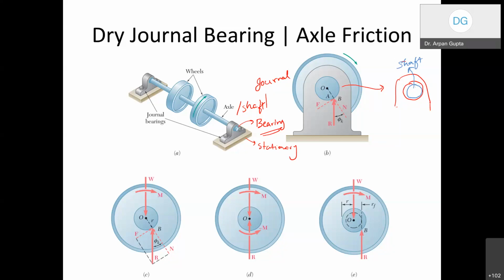Generally this clearance is provided with lubricants, and that's why we use engine oils or grease or other kinds of lubricants to lubricate machines. And when there is lubricant, the friction here is reduced quite significantly.